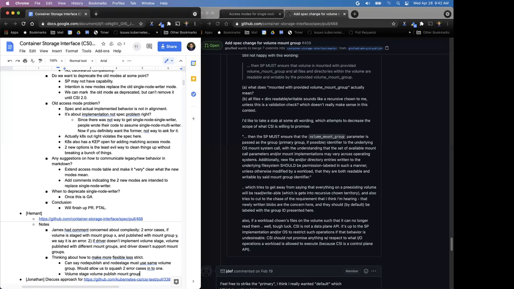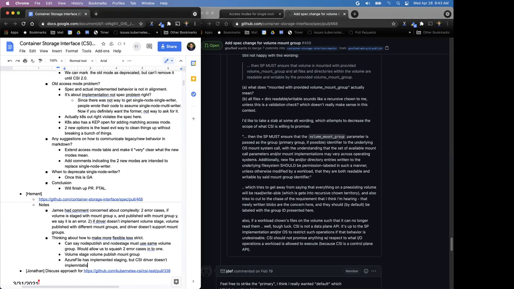It will be strict. It will rule out some use cases. For example, Azure file, the driver that we are trying to support, does support mounting the same volume multiple times on the same node with different FS groups. The underlying storage provider supports it, but the CSI driver implementation chose not to support this.